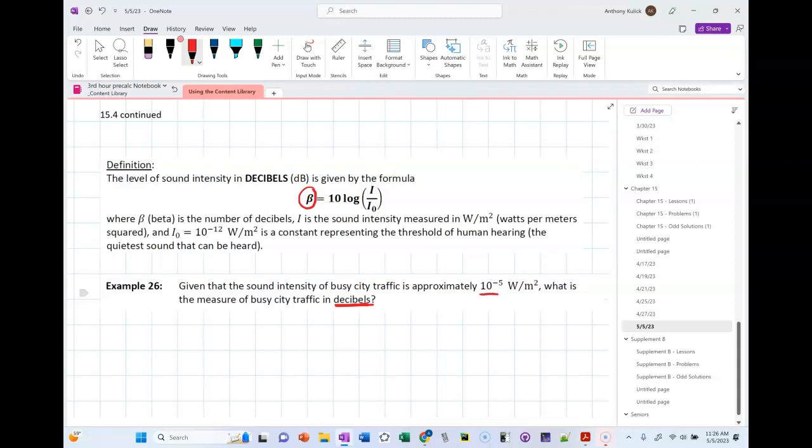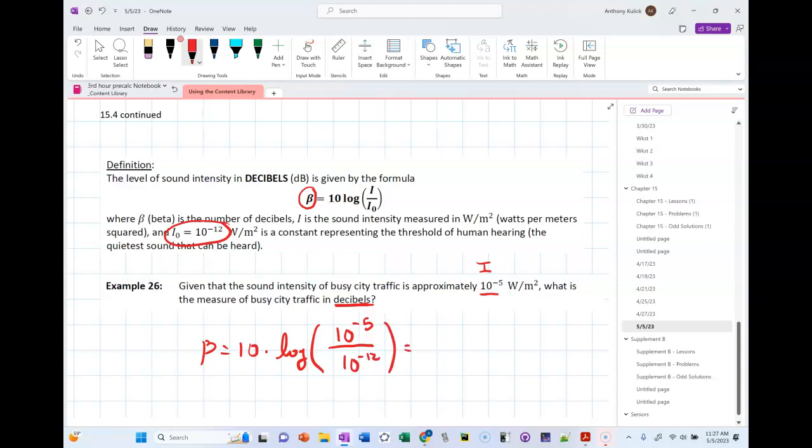So this value is my I, right? So we would say that beta is equal to 10 times the log of 10 to the negative fifth over, and what is I naught? That's not given to me anywhere in the problem. It's 10 to the negative 12. Yeah, that's a constant. Very good.